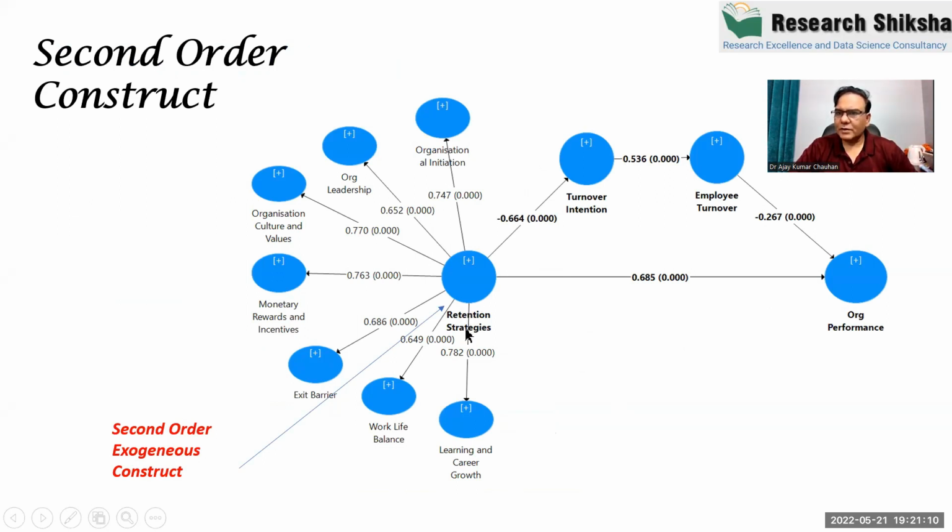And this construct is consisting of 1, 2, 3, 4, 5, 6, 7 different constructs. So one construct consists of other constructs. In a second order, if the construct is represented by other constructs, then it is known as a second order construct, right? So let me explain in the diagram.